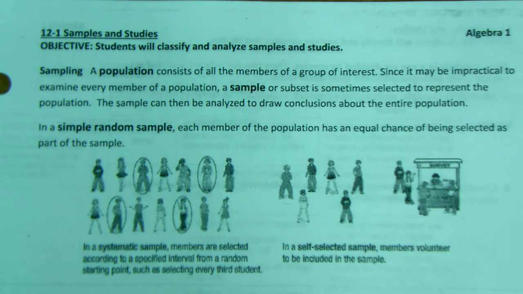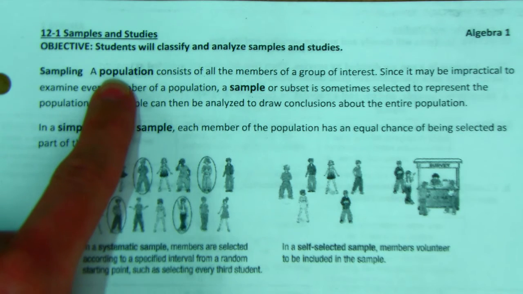Okay, so sampling. In this chapter, we're going to talk about data and statistics. The very first lesson is about what a population is. Your population isn't everybody in the world.